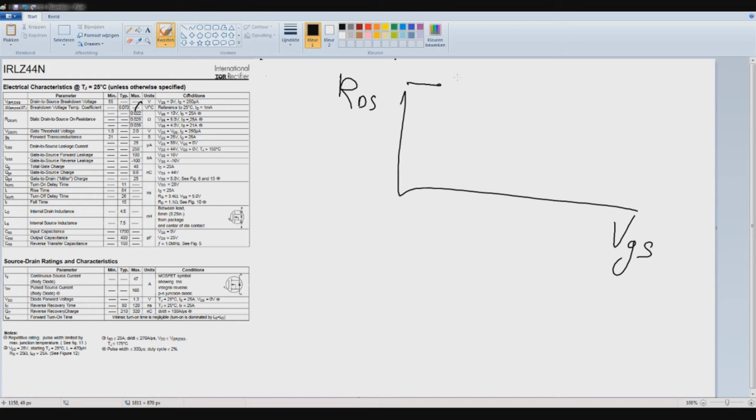Let's assume this is almost infinite, and therefore if we have 0 volts here and we reach a minimum voltage of 1, so this is 1 volt, it drops to a point, and this 1 volt varies between 1 and 2 volts.